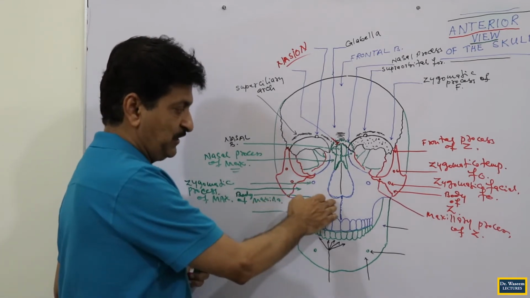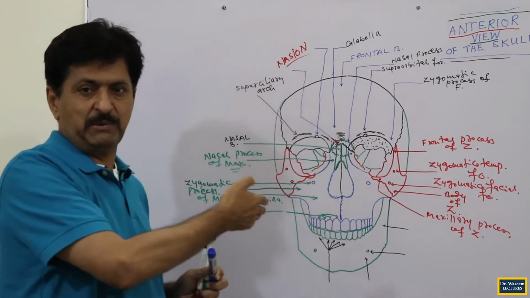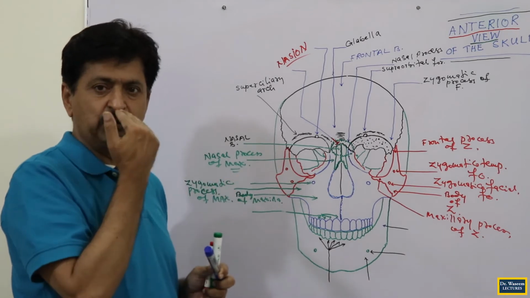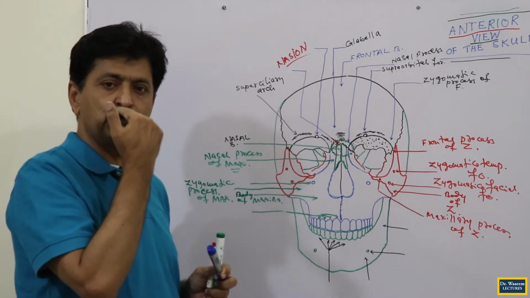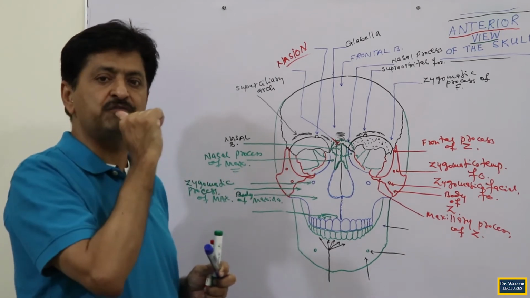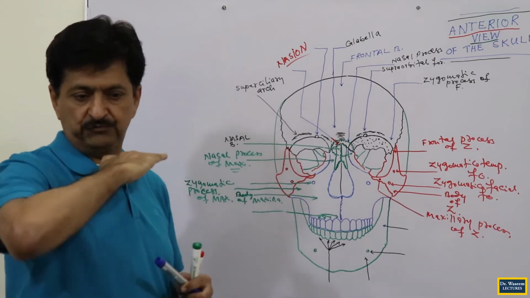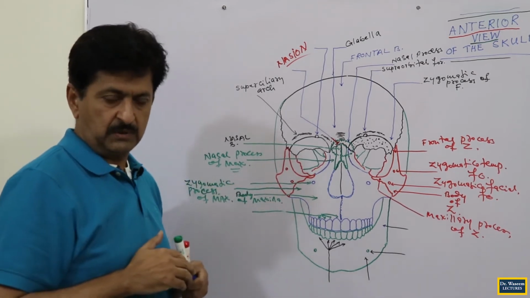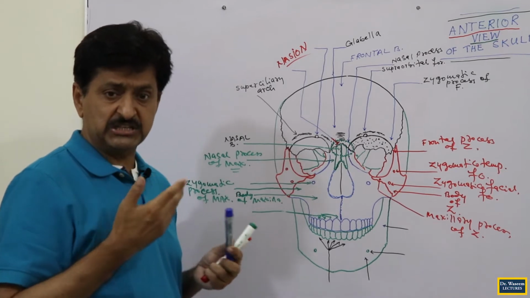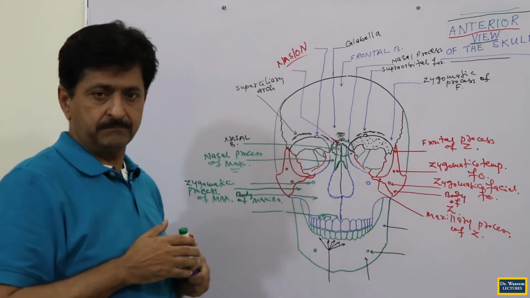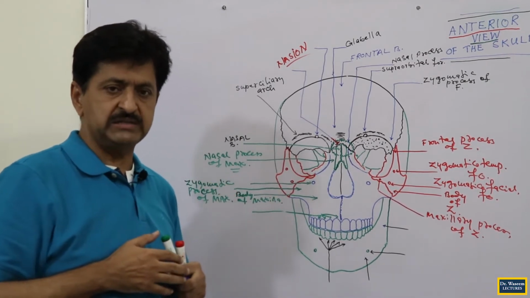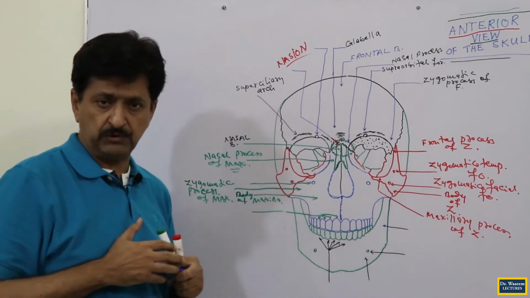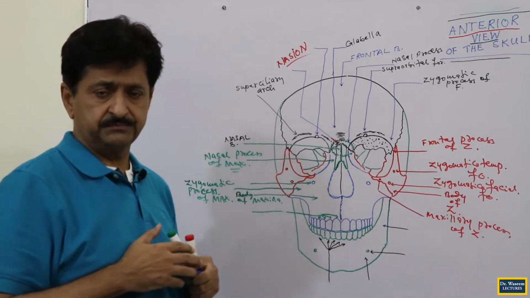Not only that, the palatine process of maxilla is not just the floor of the nasal cavity, the roof of the oral cavity is simultaneously formed with the same plate. That means the oral cavity and nasal cavity are separated by the palate. This palate is very much part of the maxilla. Almost 90% of your hard palate is formed by the maxilla.